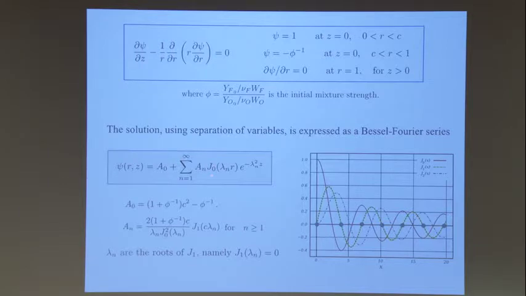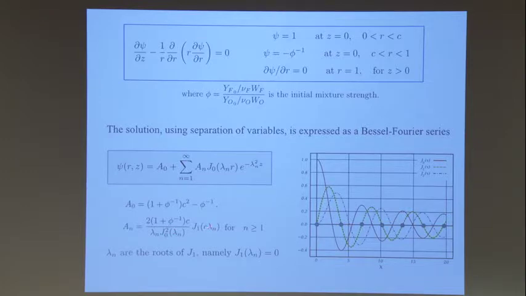J naught is the Bessel function of order 0, which is this red curve. Bessel functions are something like a generalization of cosine and sine, but they decay, unlike sine and cosine. J naught is 1 at 0, and then it oscillates and decays as you go. And the coefficients A naught and A n are given here in terms of J1, which is the Bessel function of order 1.